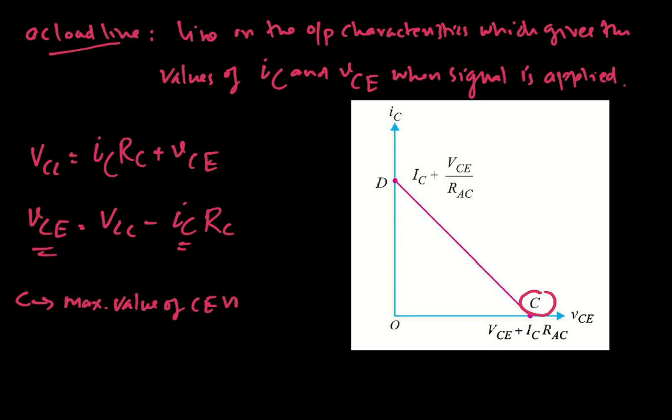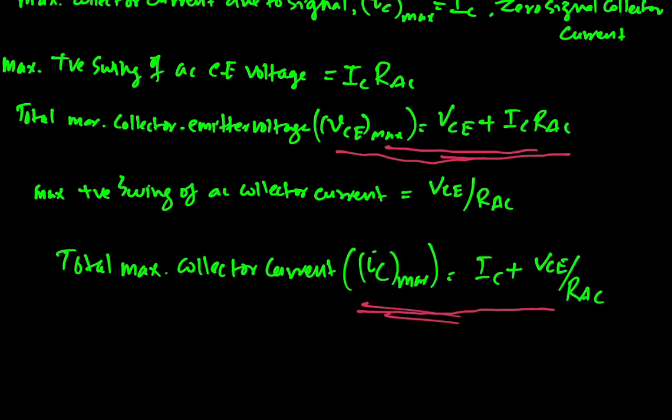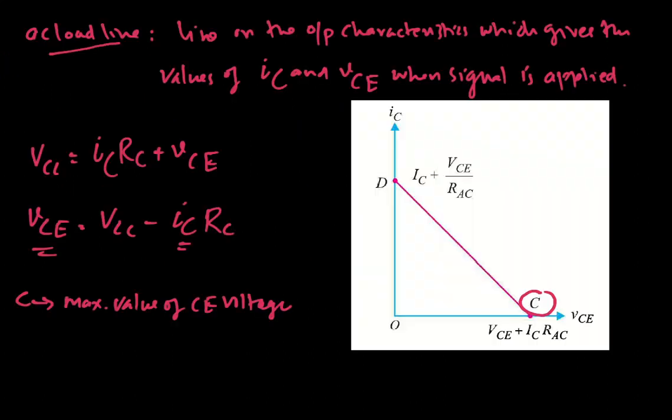collector emitter voltage when signal is applied, that we have already obtained previously, that VCE maximum is VCE plus IC into RAC. So this maximum value of collector emitter voltage is given by VCE plus IC into RAC. That is one end of this AC load line, C on the x-axis.